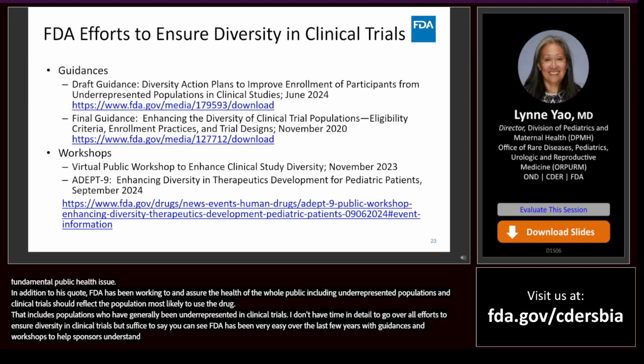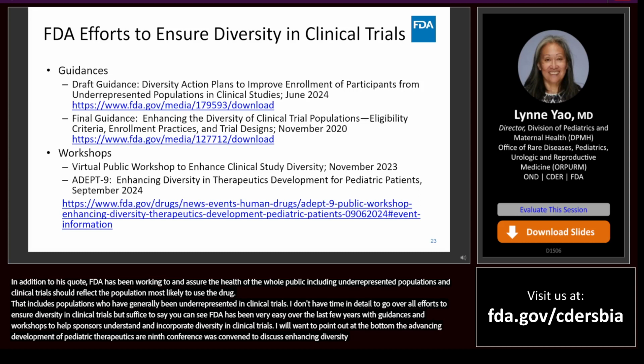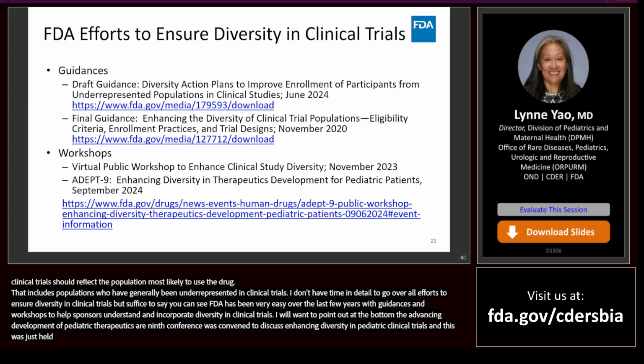I will especially point out at the bottom the ADEPT-9, or Advancing Development of Pediatric Therapeutics. Our 9th conference was specifically convened to discuss enhancing diversity in pediatric clinical trials. And this was just convened a couple of months ago.